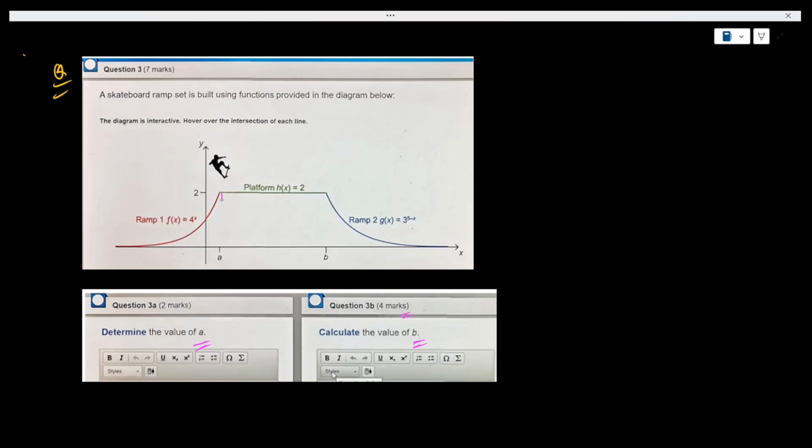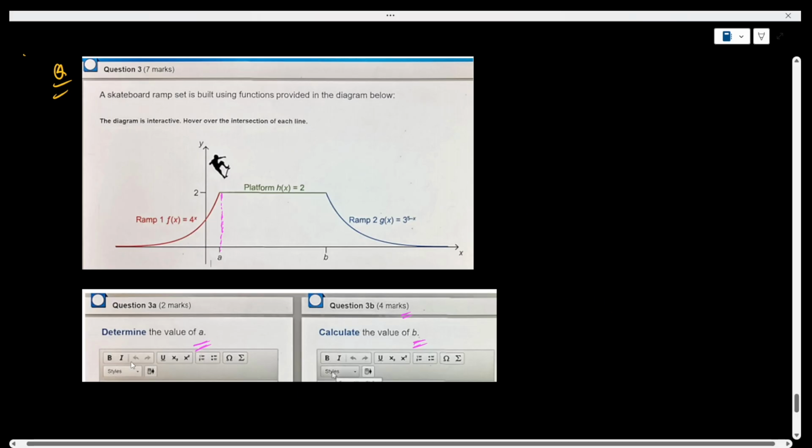How to find out the value of A? Now A is on the x-axis, and this is the intersection. There are three functions here. The first function is f of x, which is given as 4 to the power x, an exponential function. And this is the intersection of f of x and h of x. So if I find out the coordinates of these two, I can get the value of a.